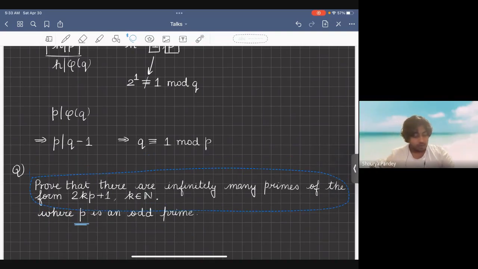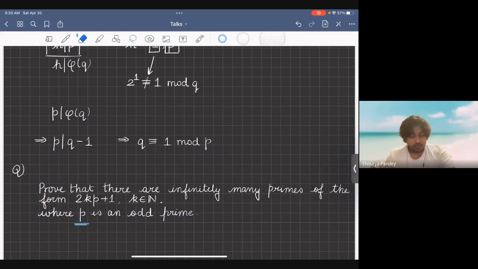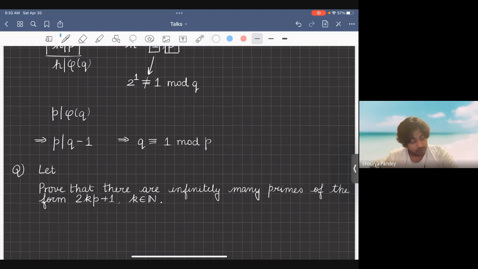So maybe this is confusing. Let p be a fixed prime.